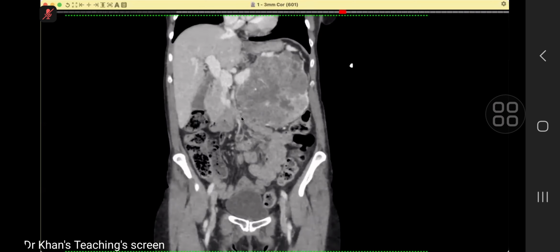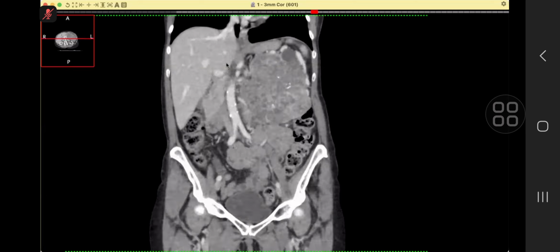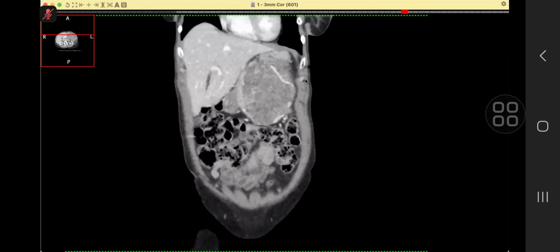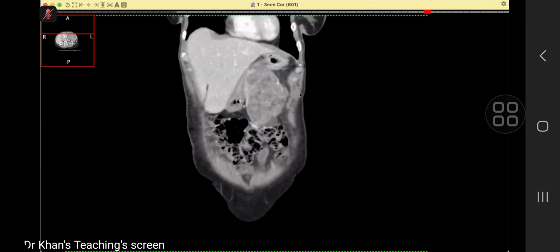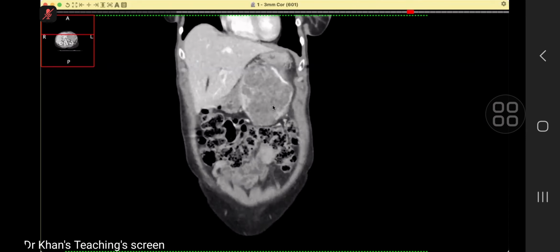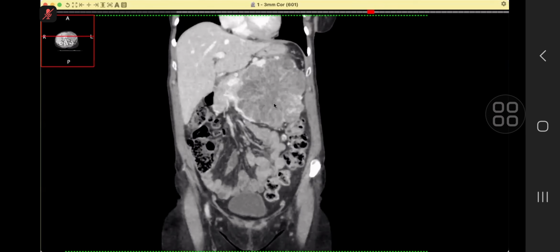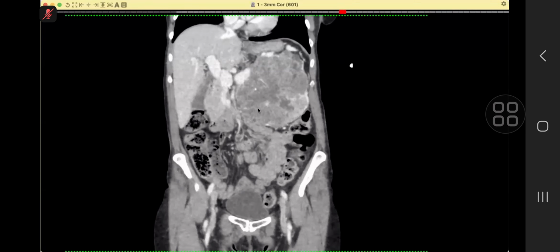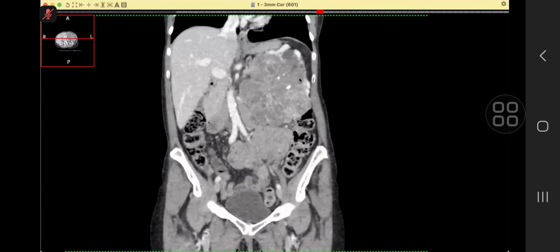The coronal was pathognomonic of this. If you see this coronal, you can see, just like the picture which I showed you, that this is that classical sponge-like or honeycomb appearance, and then internal calcification, and look at the external lobulation.